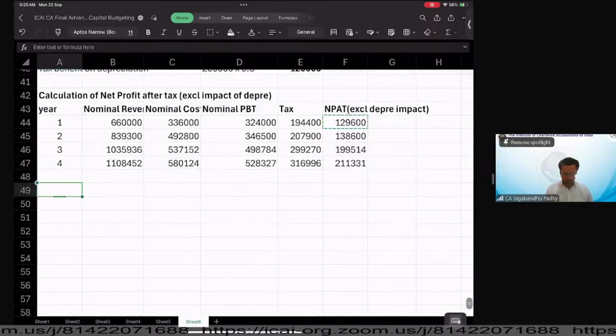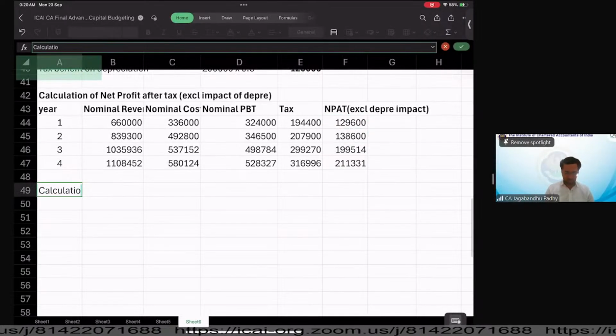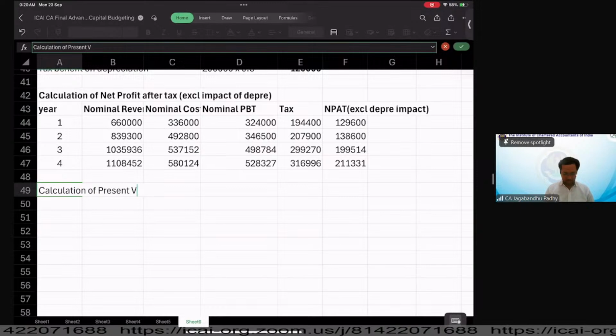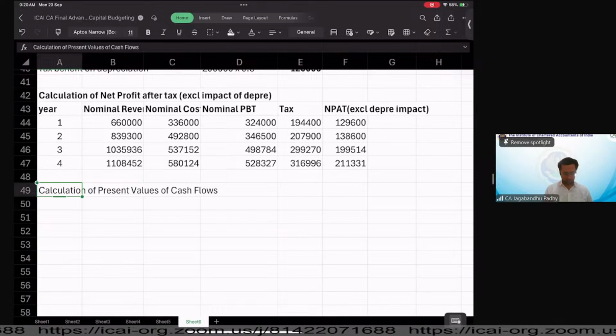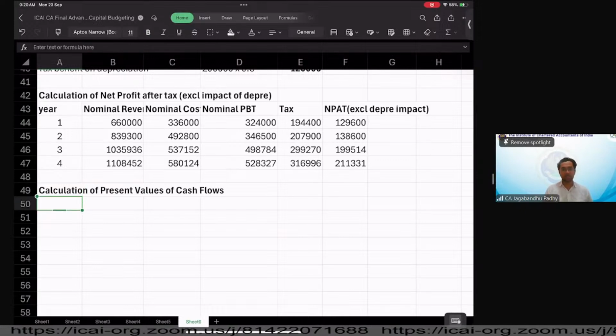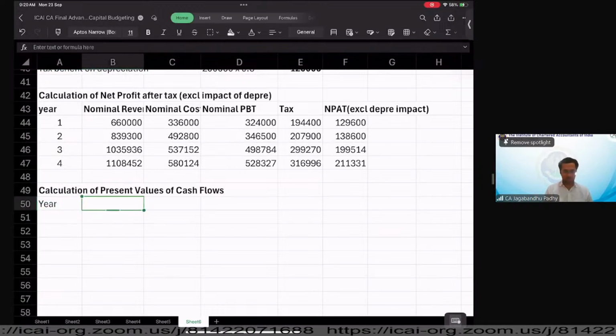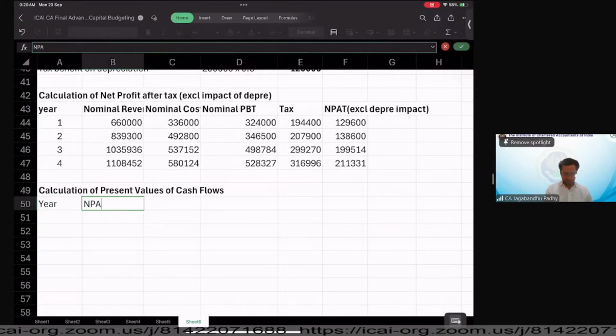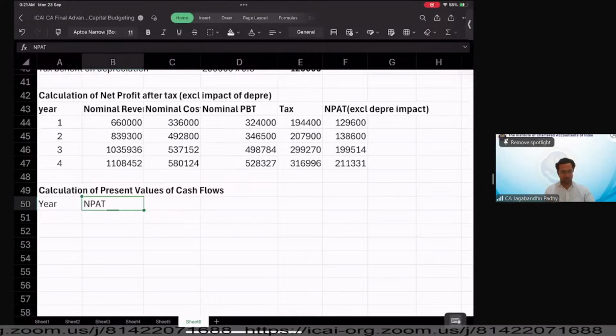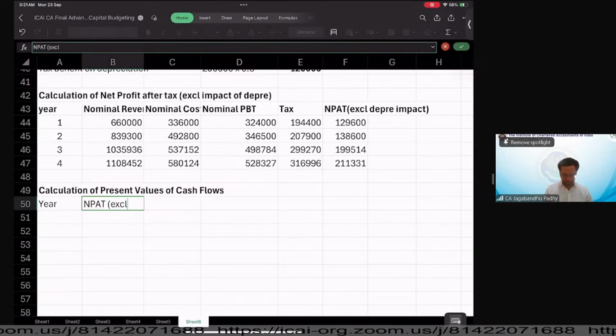So the last part is the calculation of present values of cash flows. So here, the impact, of course, excluding depreciation.